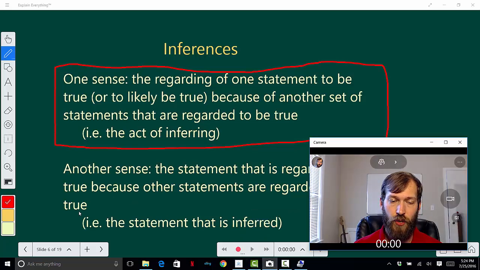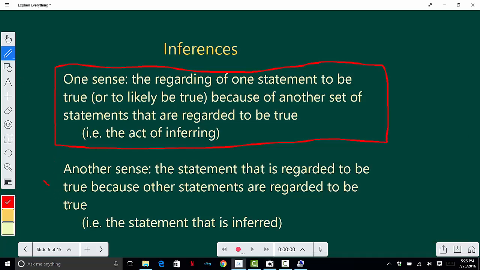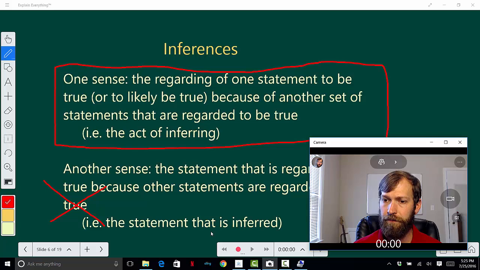Actually, it's a lot more abstract than just taking a look at the statement that is inferred. And that's why there's some difficulty in analyzing arguments. If all we had to do was analyze the statement that is inferred, that would make our job a lot easier. But we're not. We're dealing with the reasoning process rather than that statement.